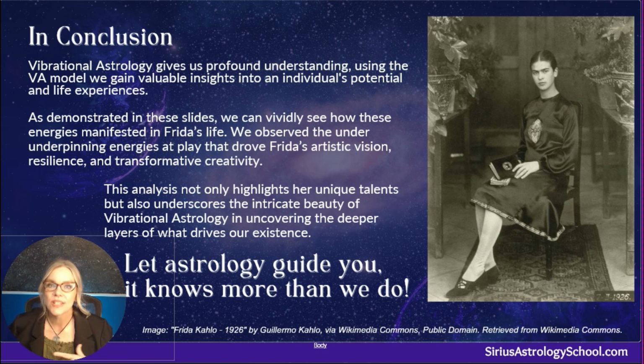So the art that she displayed, we could see why and how she created that art. So this analysis highlights her unique talents and also underscores the intricate beauty of vibrational astrology. It helps to uncover deeper layers of Frida that we might not have already known about her. So I think it's really important to let the astrology guide you, because it knows more than we do.